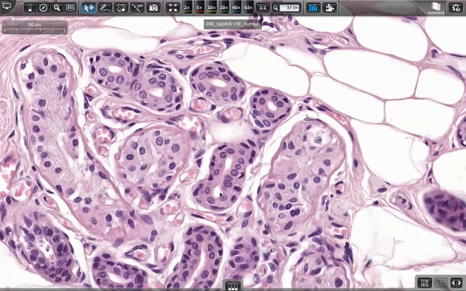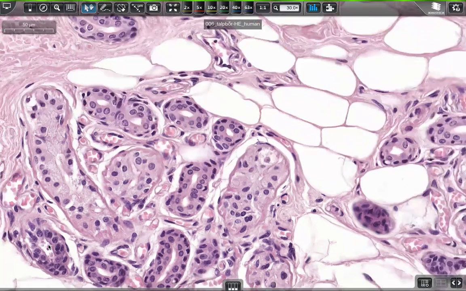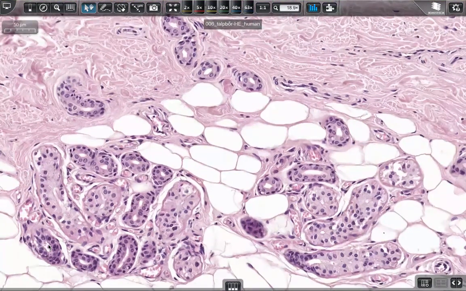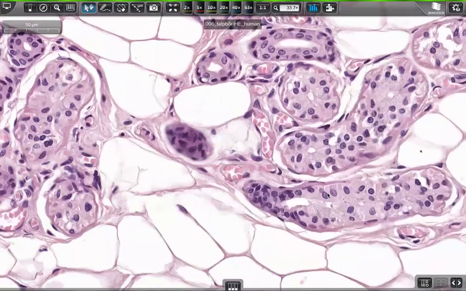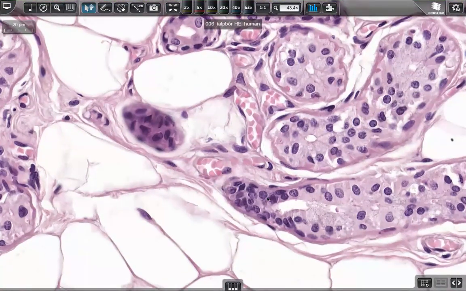That's the excretory portion, and that's the secretory portion. Here, that's the transition between the secretory and excretory portion. That's the lumen of it.